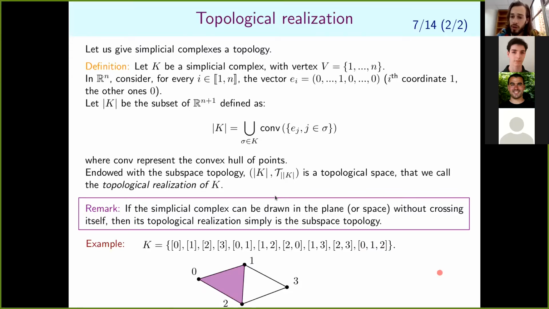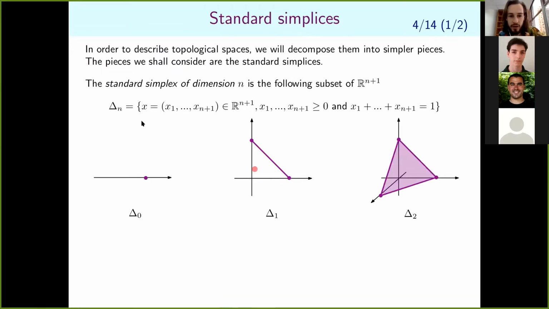There is also another way of defining the topological realization of a simplicial complex, and it consists in gluing the simplices. I do not write the definition here, but it's nice for the intuition. Each of these simplices is in correspondence with a standard simplex, as we've seen in the beginning.